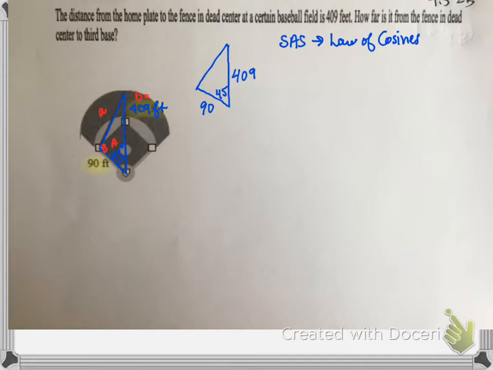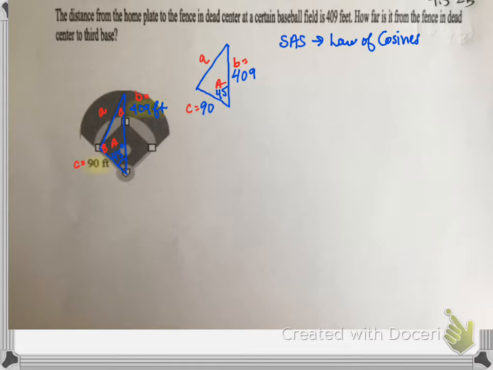So side B is 409. And angle C is going to be up at the top. So side C is 90. Okay. So being that said, I have angle A, we have side C, and we have side B. I'm looking for side A because it said how far is the fence to dead center to third base.